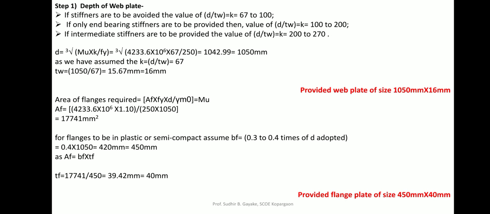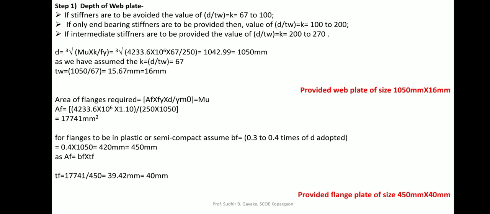Now next, area of flange required. Now that the web is designed, go for flange. The area of flange required is given as AF into stress Fy multiplied by depth divided by gamma m0, and that is to be equated with maximum bending moment. Rearranging the terms, you can calculate AF, that is area of flanges, by putting the maximum bending moment 4233.6 into 10 raised to 6.